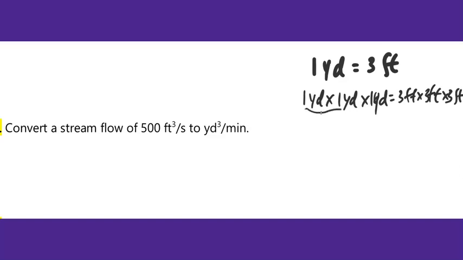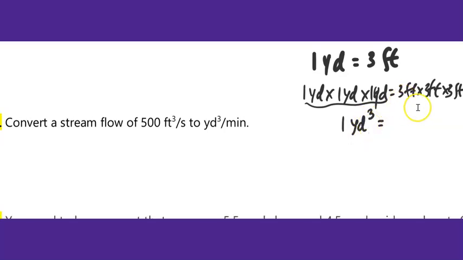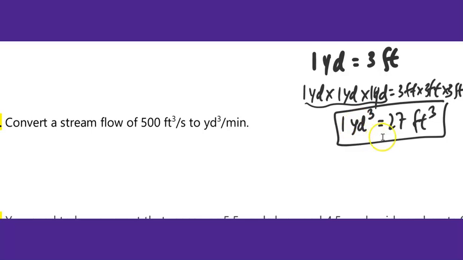That tells you 1 times 1 times 1 is 1 yard to the power 3, cubic yard, equals 3 times 3 times 3, 27 cubic feet. That's the conversion factor we're going to use to change feet cube to yard cube. And we know how to change seconds to minutes. Let's start with the question.